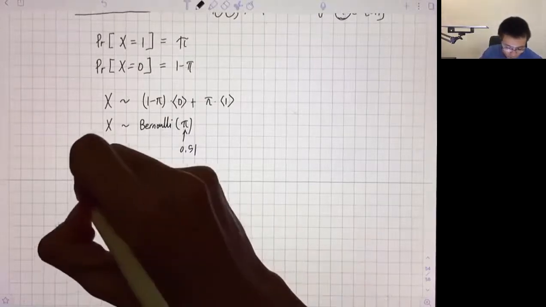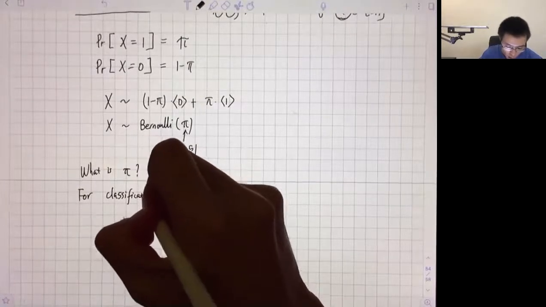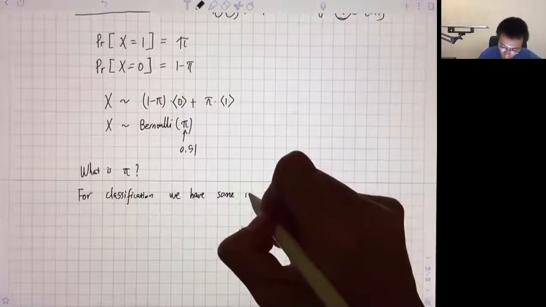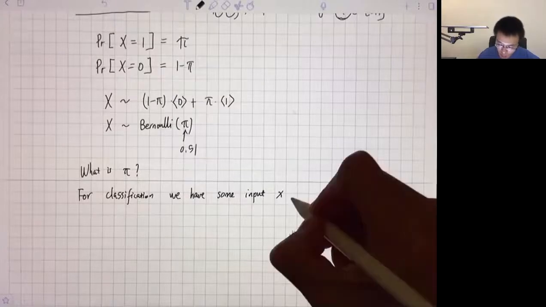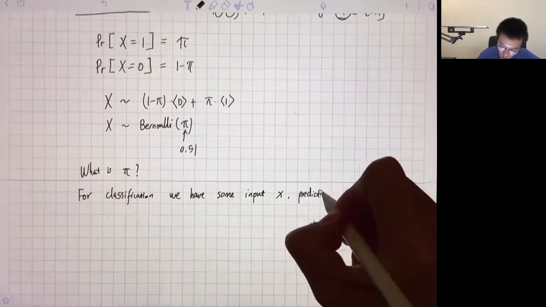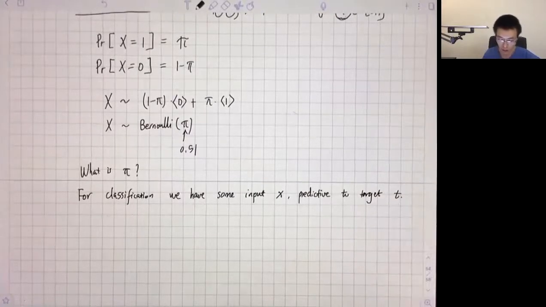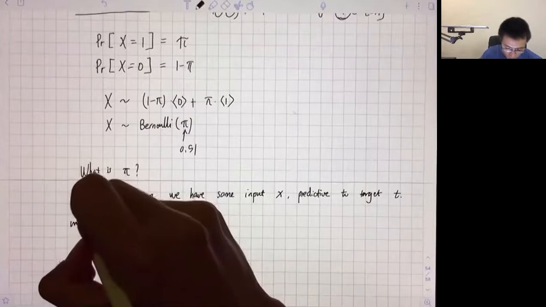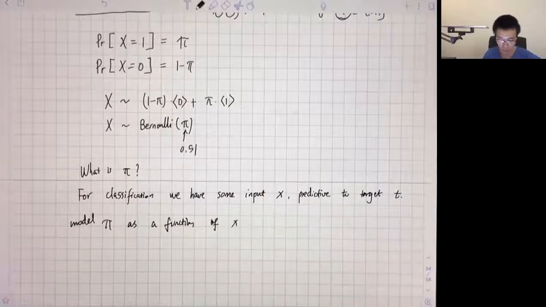So for a machine learning classification problem, we have some input X that is used to predict my target T. It's a good idea to model pi as a function of X, and we consider a linear model.